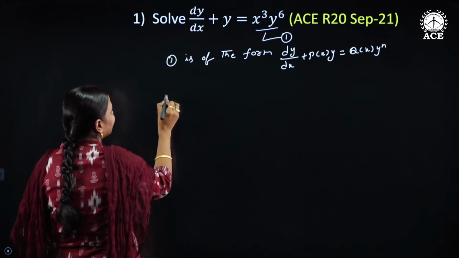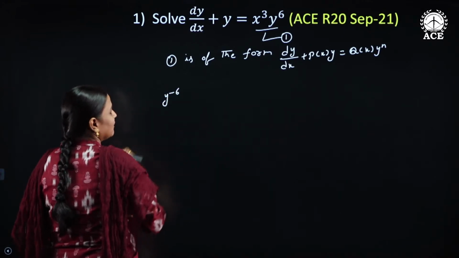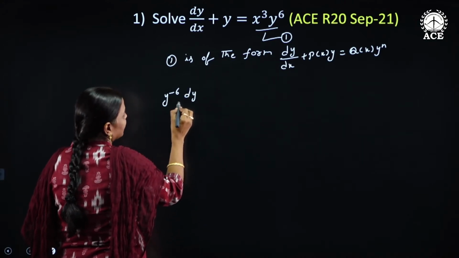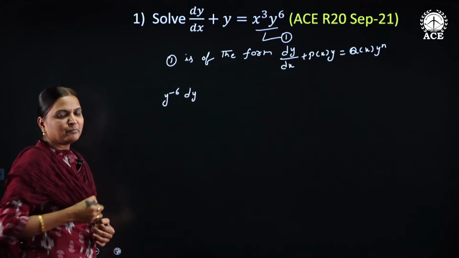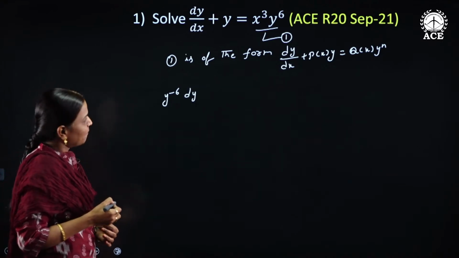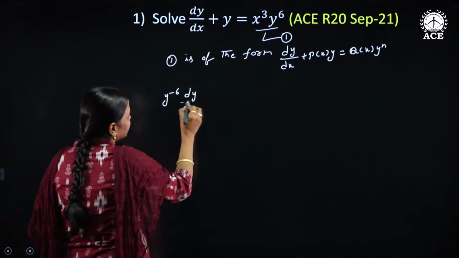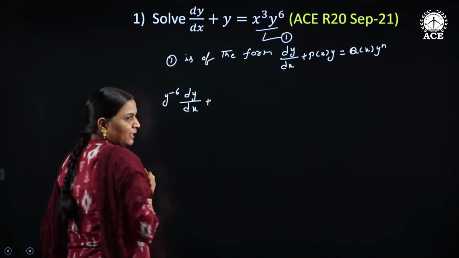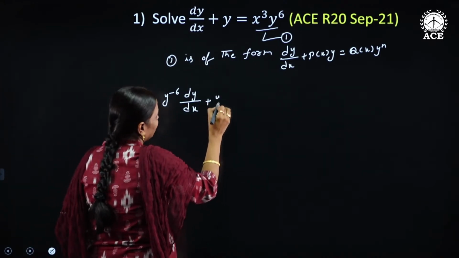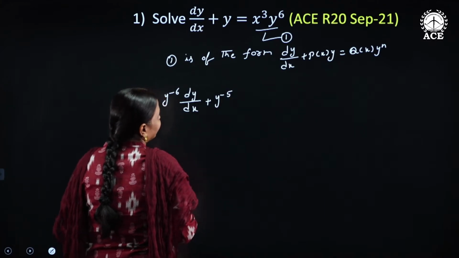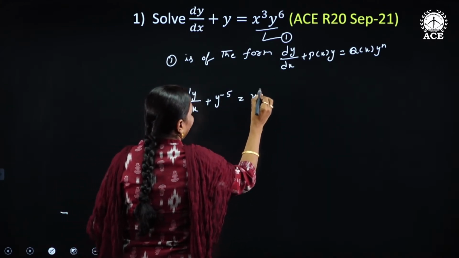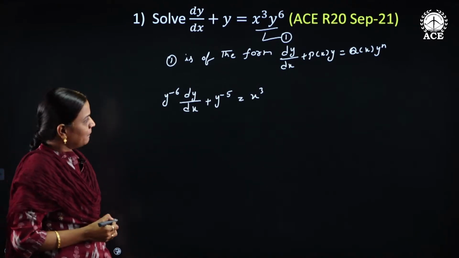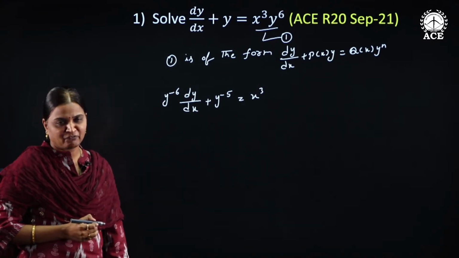If we divide the entire equation by y power 6, 1 by y power 6 is y power minus 6. So y power minus 6 into dy by dx plus y by y power 6, that is y to the power minus 5, is equal to x cube. Now the RHS is free from y, but still it is not a linear differential equation.